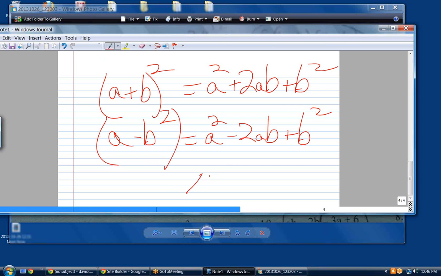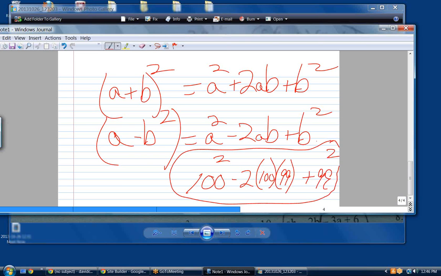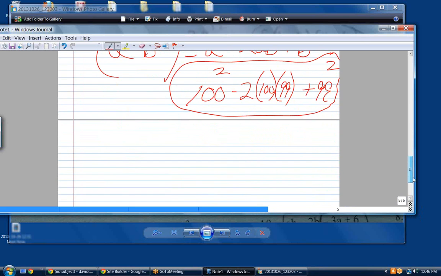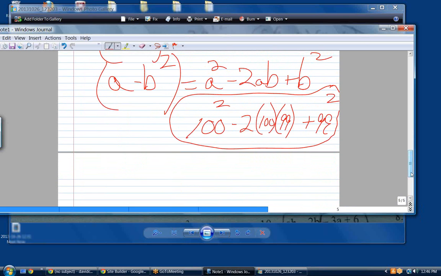What is 100 squared minus 2 times 100 times 99 plus 99 squared? In other words, what is that number equal to? Without a calculator. This was a test where they did not allow a calculator. This was the GMAT test.